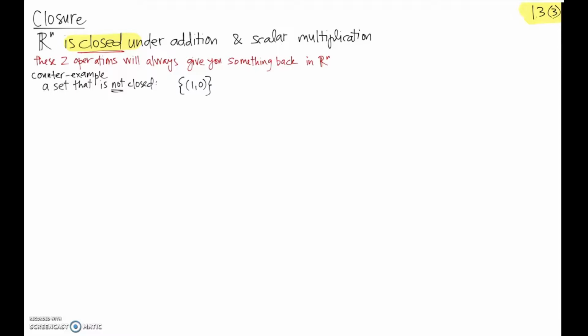Why do I say this is a set that's not closed? Well, if you take the element and add it to itself, you get (2, 0), which is not in the original set. You've popped out of our original 1-element set. And so that's why we say that this set here is not closed, but Rn, which is an infinite set, is always closed under addition and scalar multiplication.